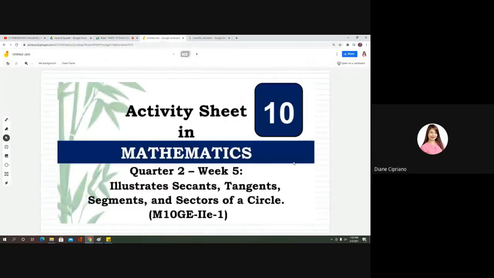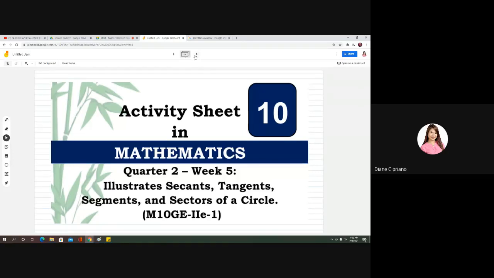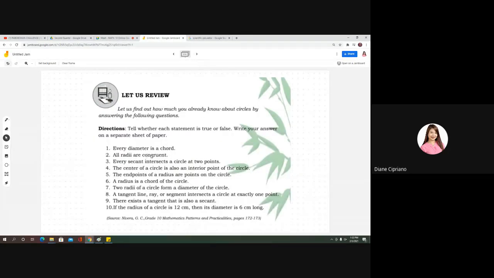For our review part, all you need to do is remember these 10 points: every diameter is a chord, all radii are congruent, every secant intersects a circle at 2 points, the center of a circle is also an interior point of the circle, the endpoints of the radius are points on the circle, a radius is a chord of the circle, two radii of a circle form a diameter of the circle, a tangent line, ray, or segment intersects a circle at exactly one point, and number 9, there exists a tangent that is also a secant.